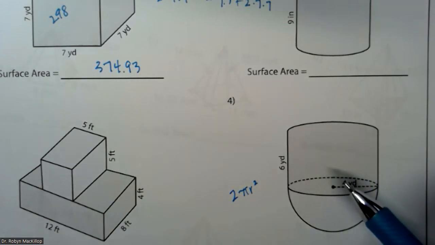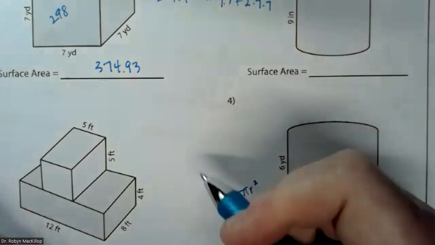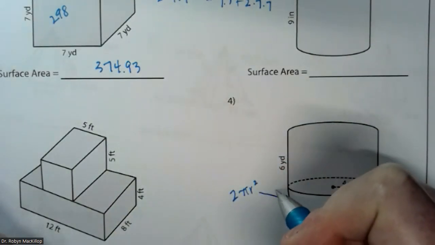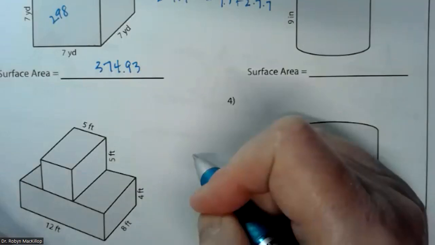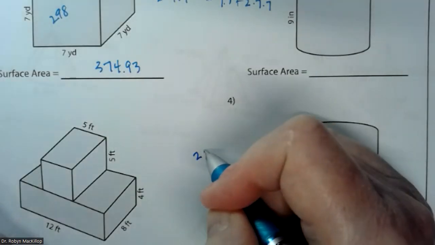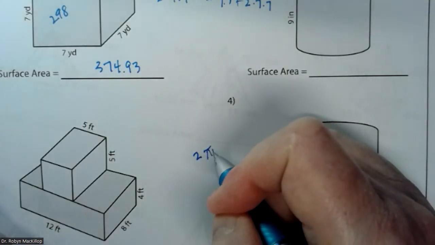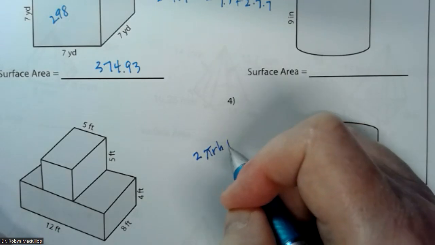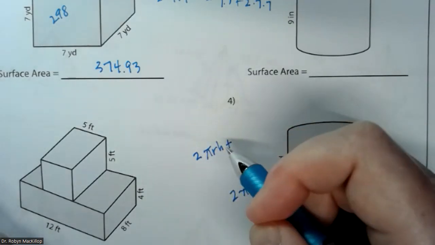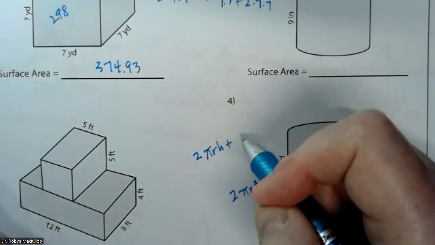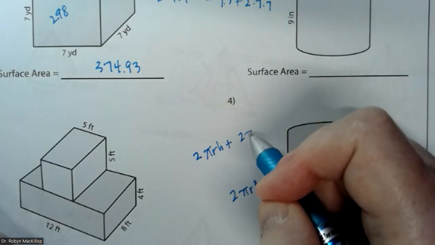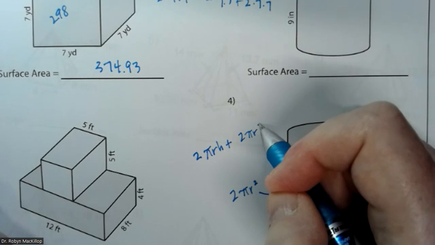So a cylinder is 2 pi times radius times height, plus generally on the formula sheet, it's 2 pi r squared.